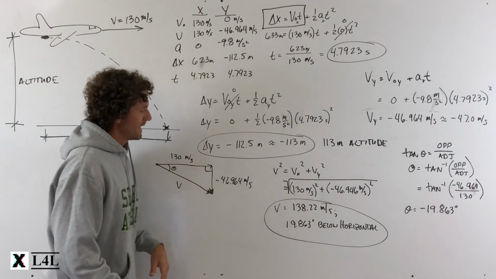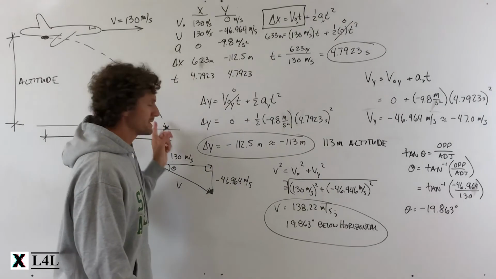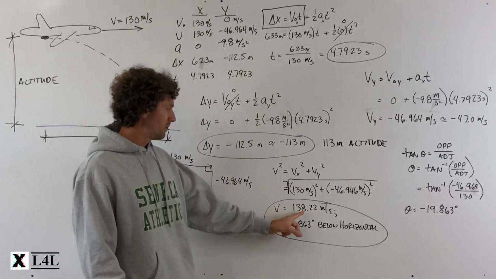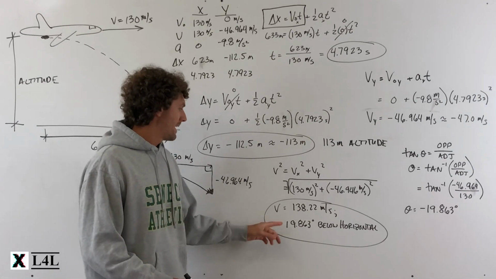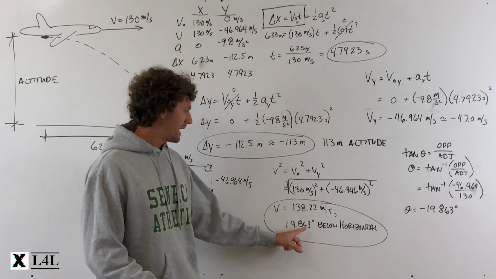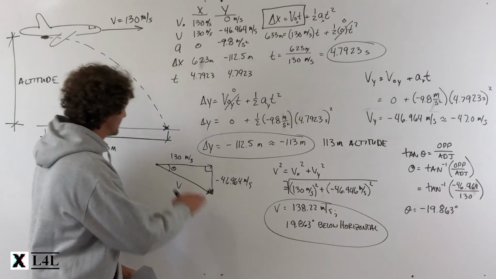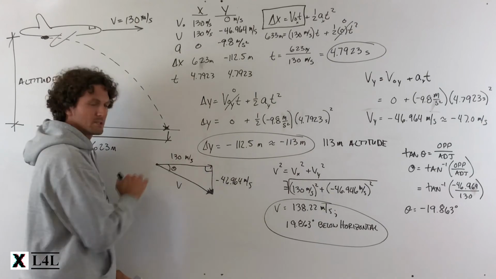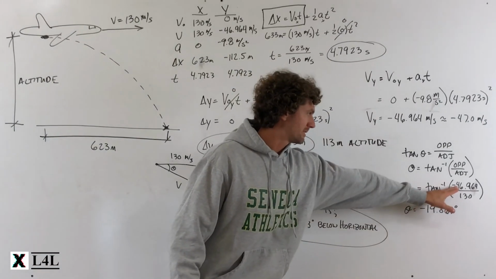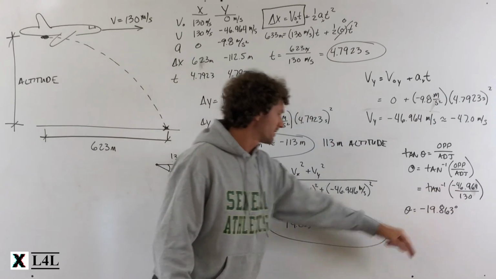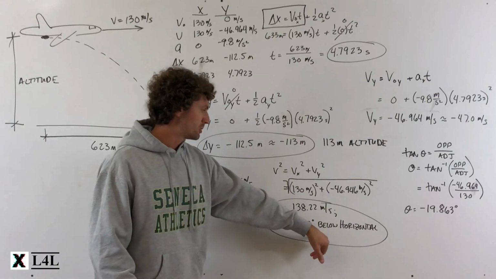The way you would reference the complete velocity of the bomb as it's hitting the ground is that it's moving with a velocity of 138.22 meters per second at an angle of 19.863 degrees below the horizontal. Everything is in reference to the horizontal reference plane. So when you get a negative like this, the negative vertical velocity is telling you that the angle is below the horizontal reference, and that's how you would refer to that.